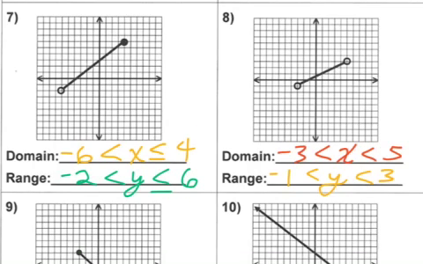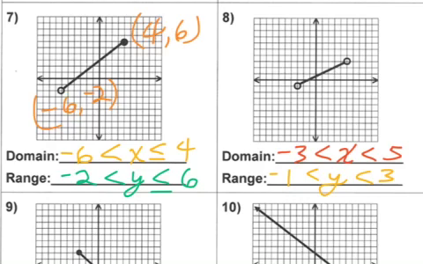Okay, so here we have again a couple of continuous functions in 7 and 8. You'll note that one of the points there is an open circle and one is a solid. So therefore, since we figured out that this is -6, -2 for a coordinate pair, and we have 4 and 6 here, you can go ahead and write those on the graph if it helps you.